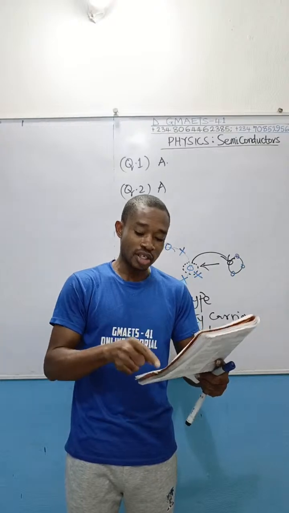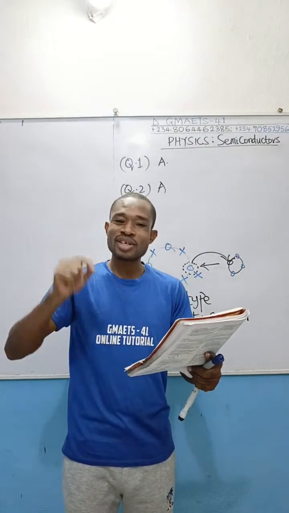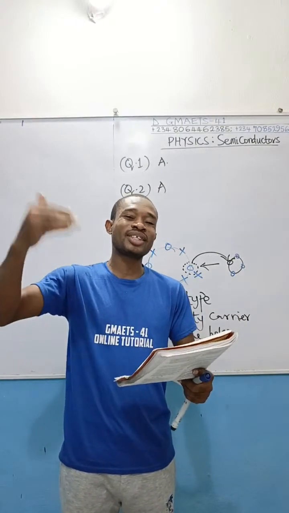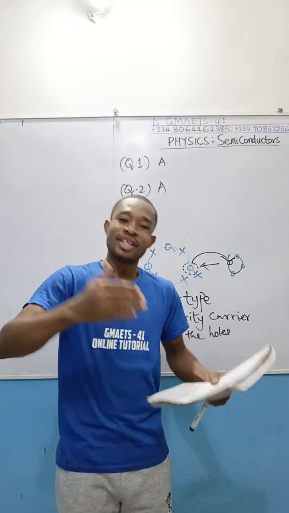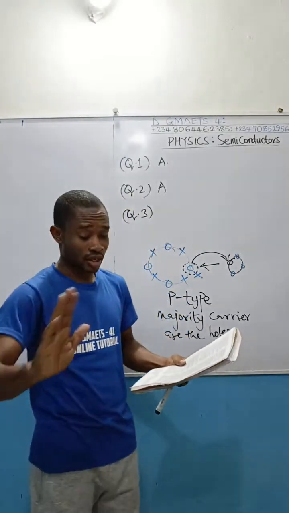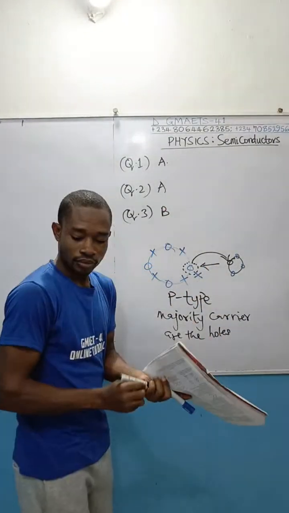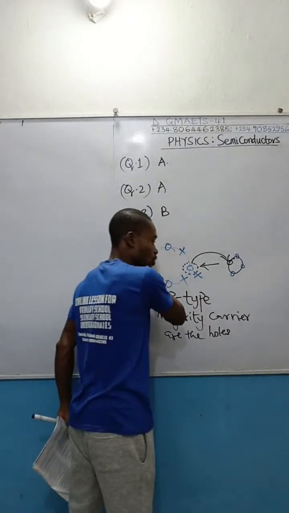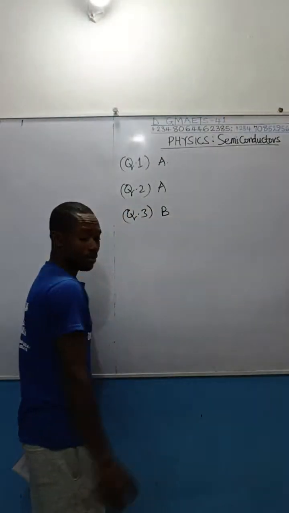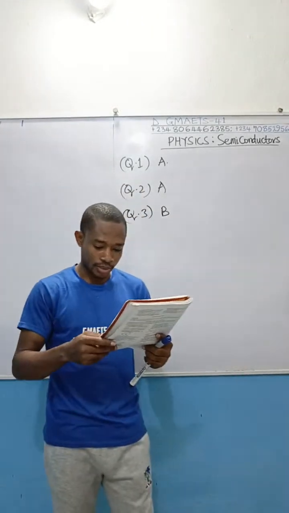But option D is proposing a direct relationship, an increase in resistance with an increase in temperature. No. It doesn't work for semiconductors at all. So the correct option is B. Holes are majority carriers in P-type, and electrons are majority charge carriers in N-type.